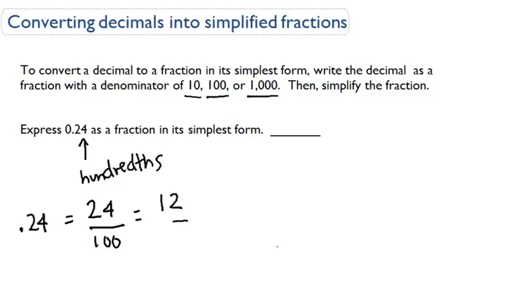This is going to be 12 over 50. These are still even numbers, so keep dividing by 2. Now I have 6 over 25. Do 6 and 25 have any common factors? They do not. So 0.24 in its simplest form is going to be 6 over 25.